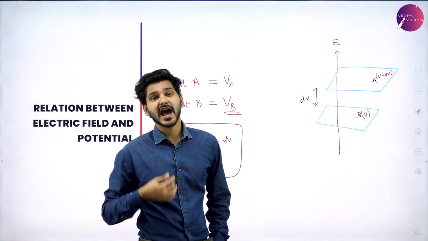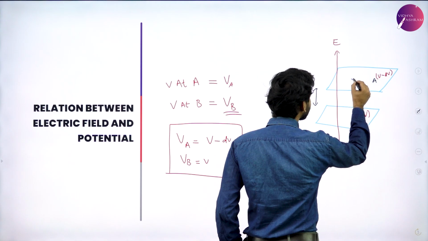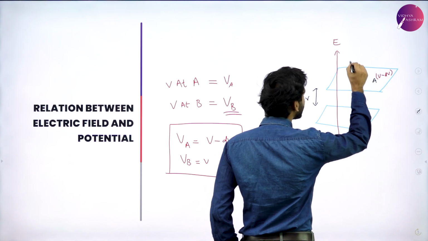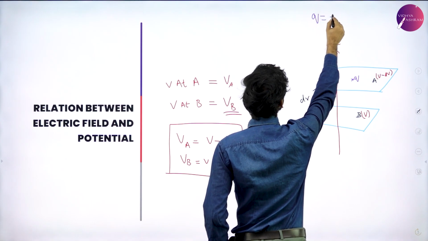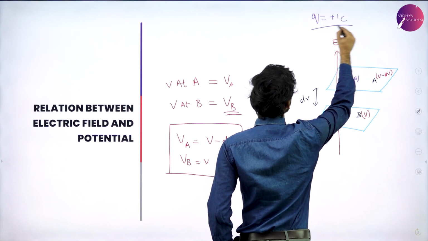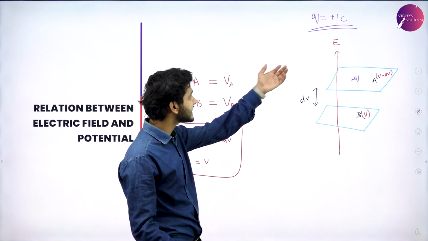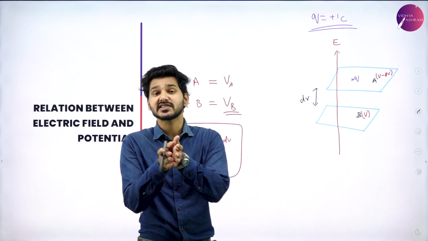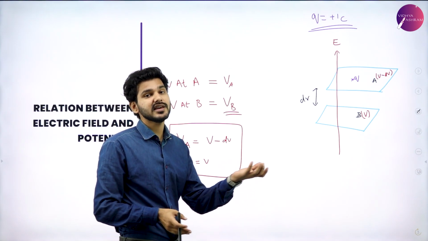Now imagine that I have brought a unit positive charge, denoted by Q, and Q is equal to plus 1 coulomb. I'm taking it as plus 1 coulomb so that the calculations are easier. It is a unit test charge so that we can prove the relation between potential and the electric field.